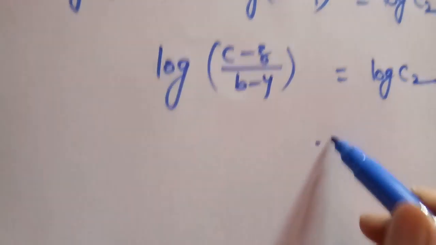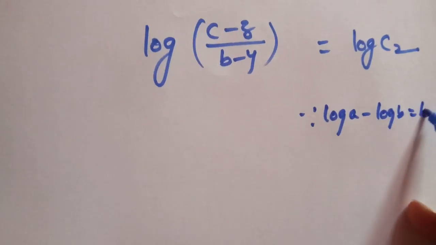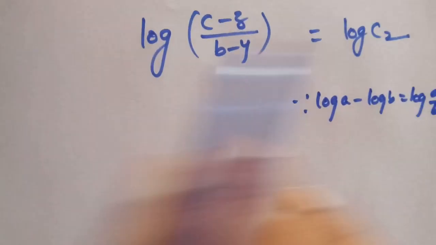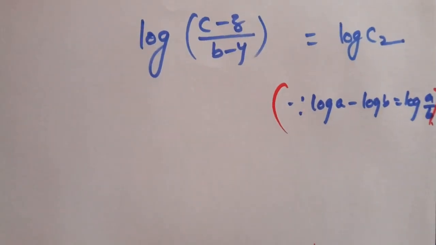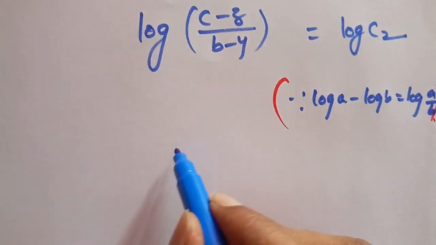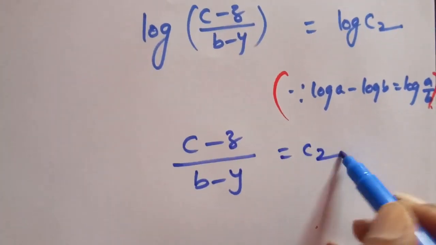Here we are using the formula log a minus log b is equal to log of a by b. So that is the formula. Therefore, again c minus z by b minus y is equal to c2.